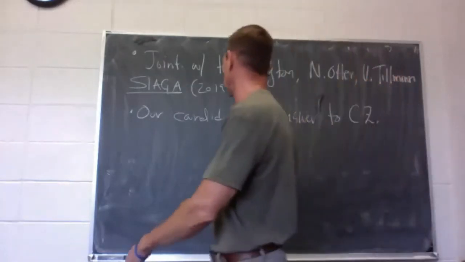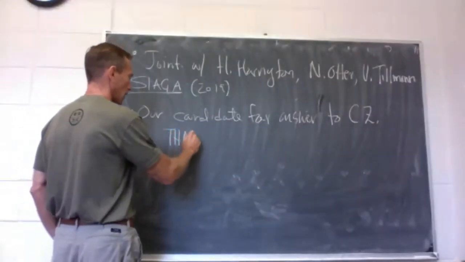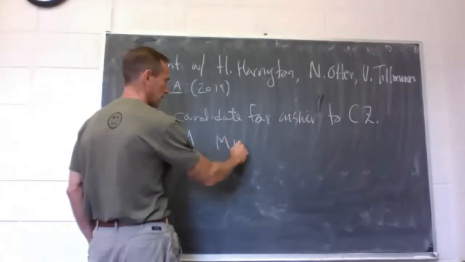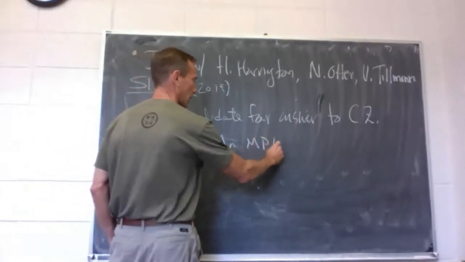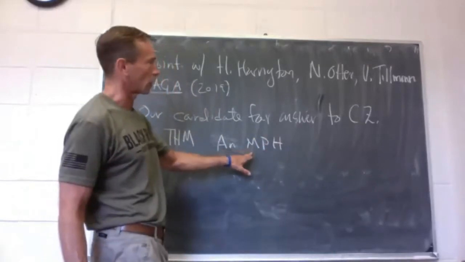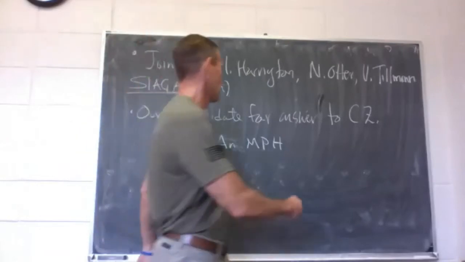Our candidate for this is the following theorem: an MPH module. So MPH is going to stand for, and we're not going to call it multidimensional, but multiparameter, because there are several parameters involved.